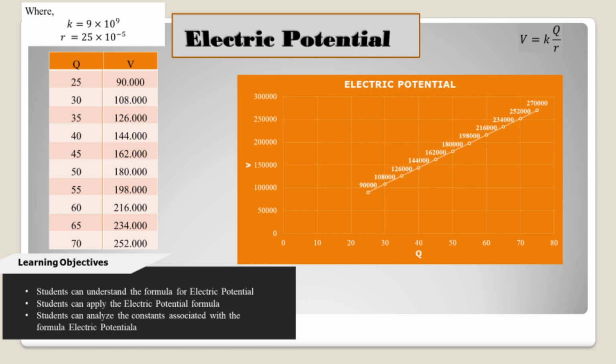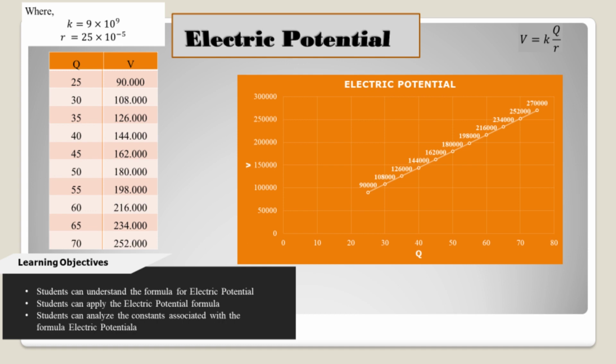If we have Q equal to 55, we have the electric potential equal to 198,000. If Q is equal to 60, the electric potential is 260,000.